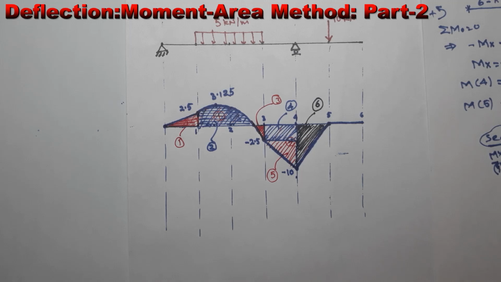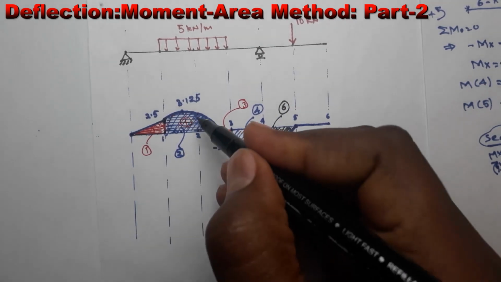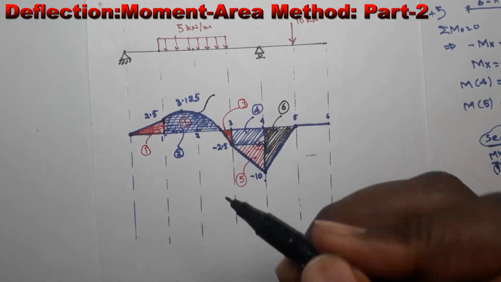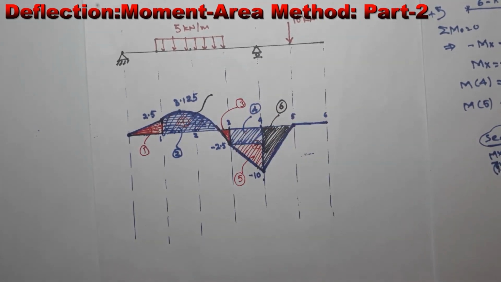Let me determine the centroid of each one, one by one. Here I need to write the function of this curve. This curve is from section 2.